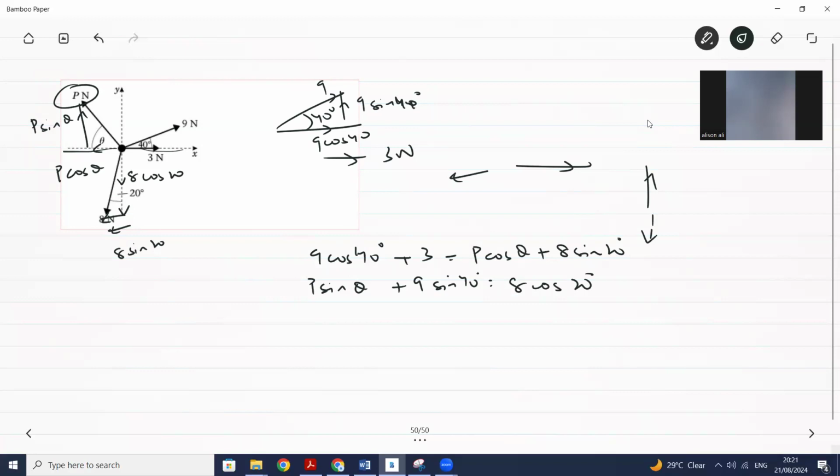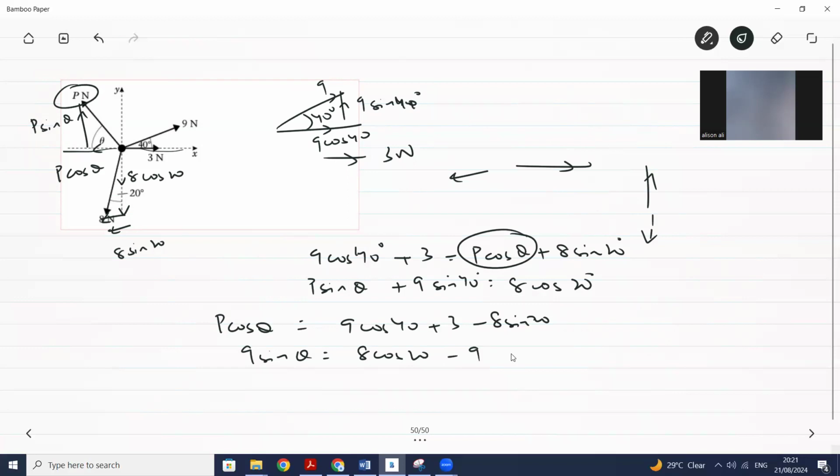If I use this, finally I would be forming an equation. I make P cos theta the subject of the equation. So this would become 9 cos 40 plus 3 minus 8 sin 20. And this one, P sin theta is equal to 8 cos 20 minus 9 sin 40.